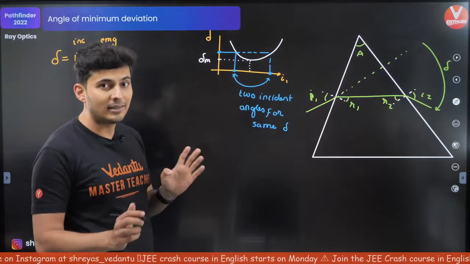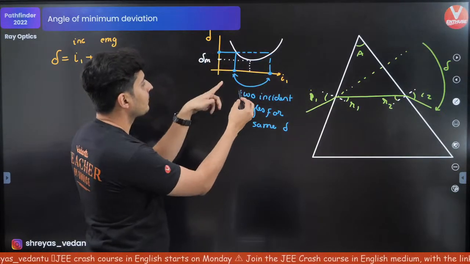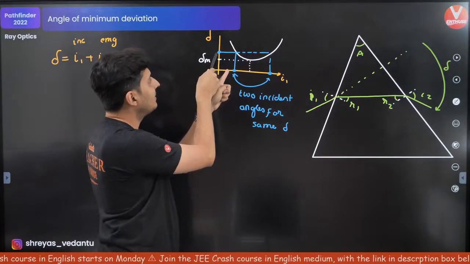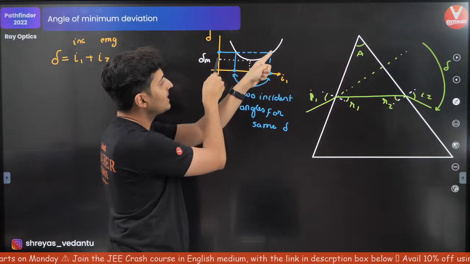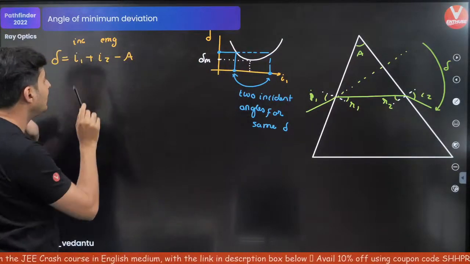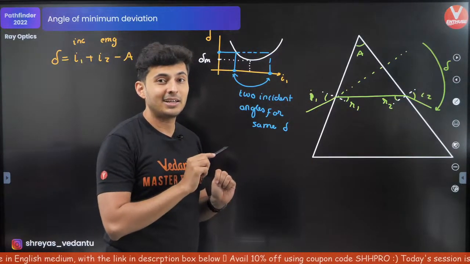Here is how I interpret it. Imagine, observe this blue line. If this is the angle of incidence for which I get this delta, the other angle of incidence for which I get the same delta, shouldn't that be I2? I'll tell you why. Because of the reversibility principle of light.